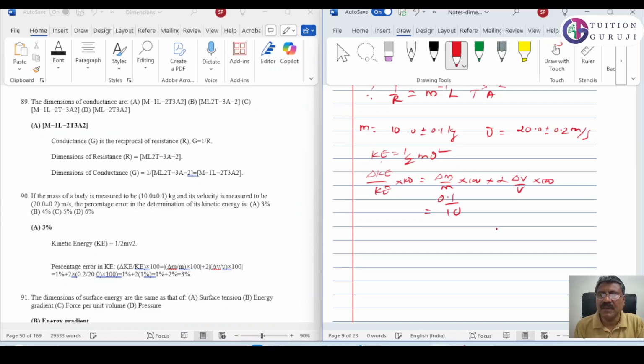Change means 0.1 by 10 into 100 plus 2 into delta v, where delta v is 0.2 divided by 20 into 100. So that will be 1%, 1% plus 2 into 1%. The answer is 3%.